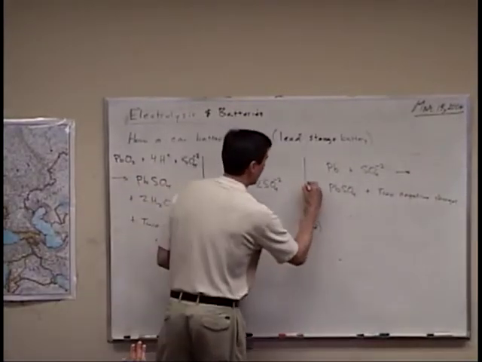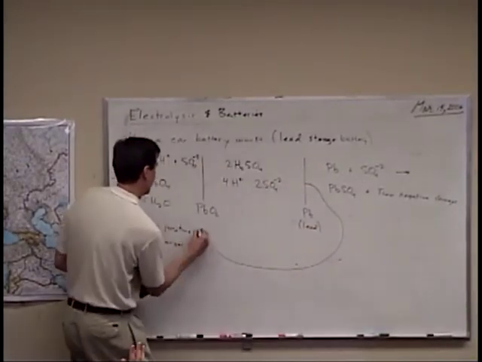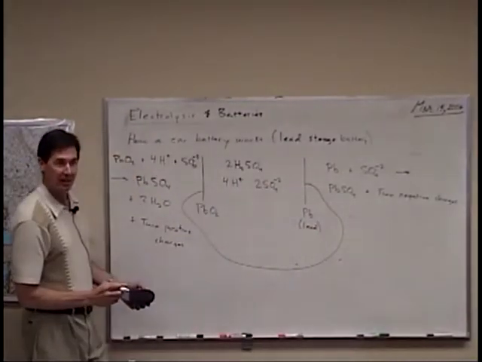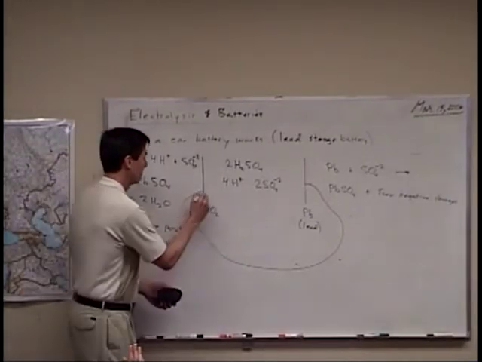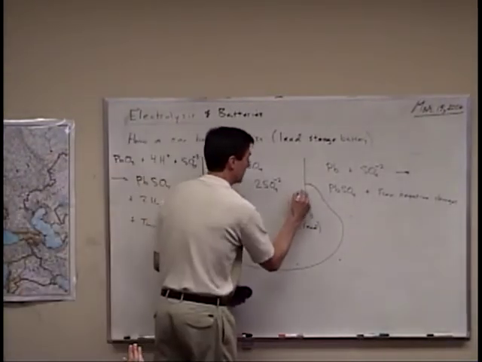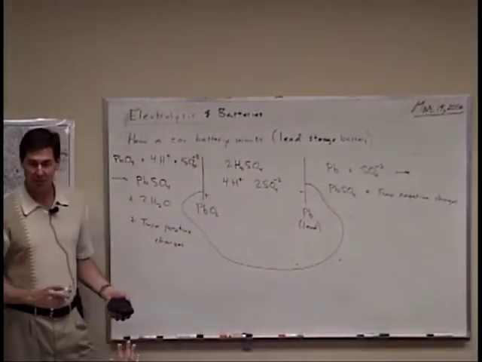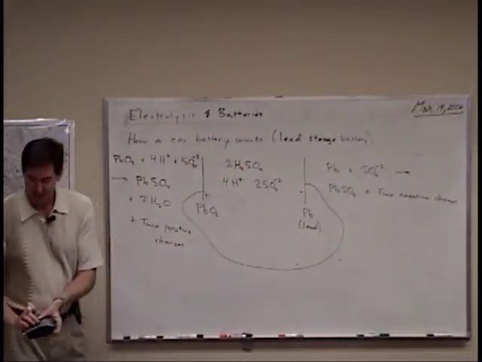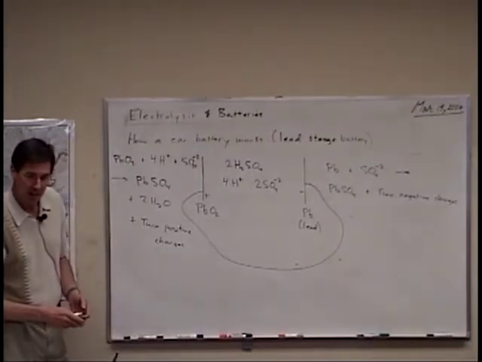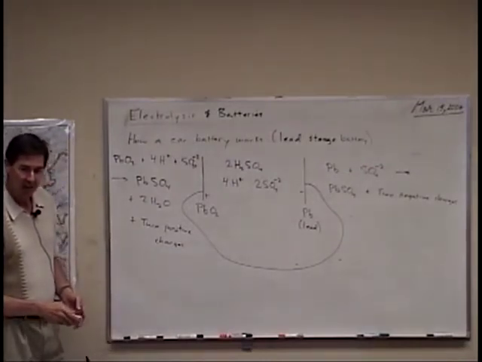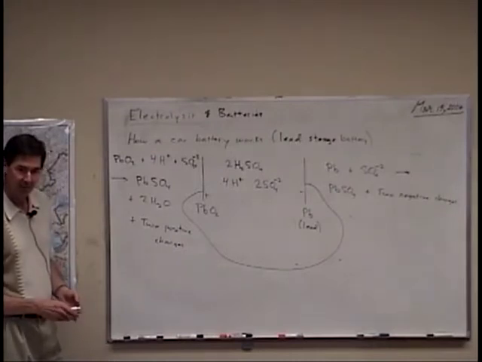So if you have a wire hooked from one of these plates to the other, what's going to happen? You're going to get a current, because this plate's getting charged up positive and this plate's getting charged up negative. Yeah, go ahead. For SO4 with a charge of negative 2, so it balances out to negative 2.